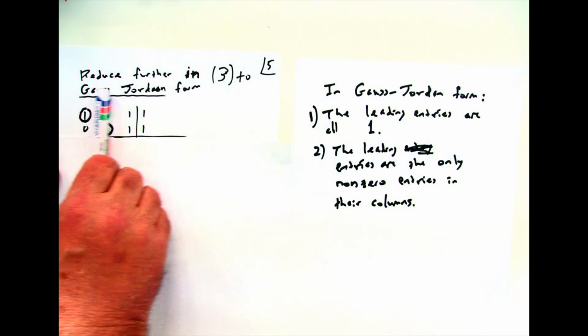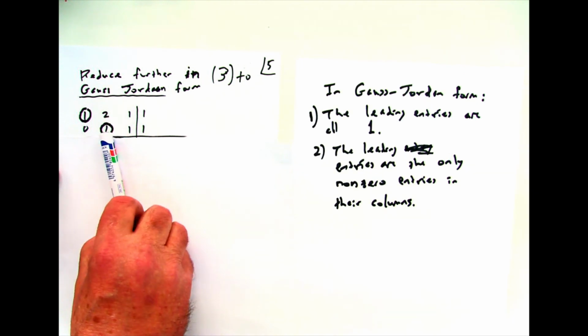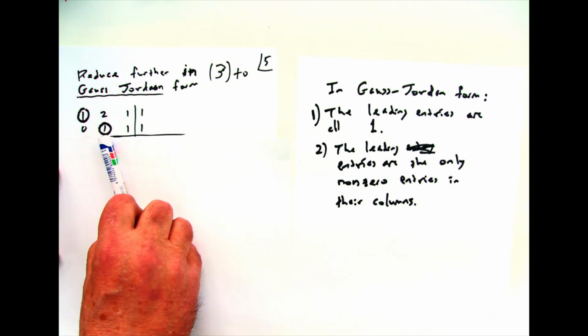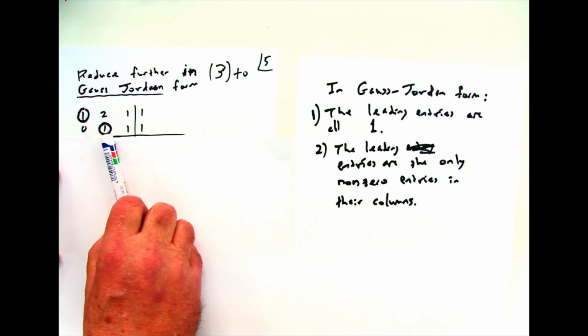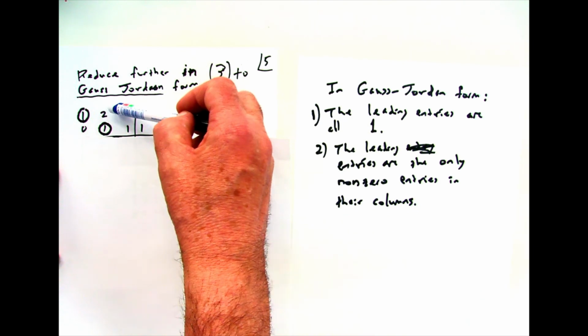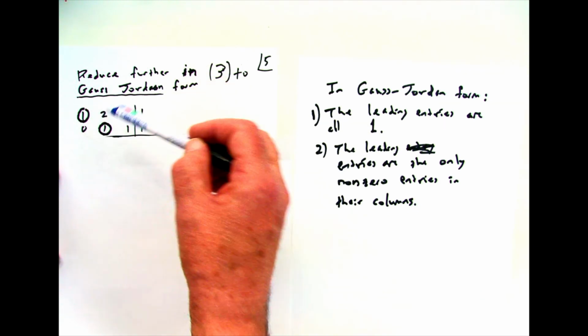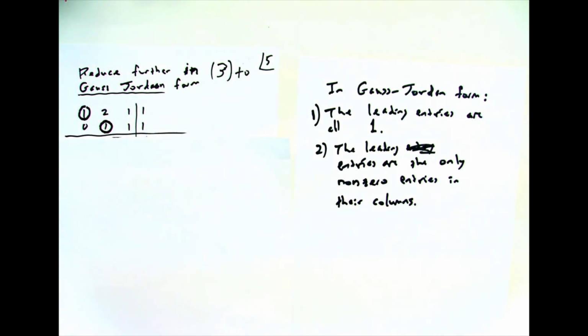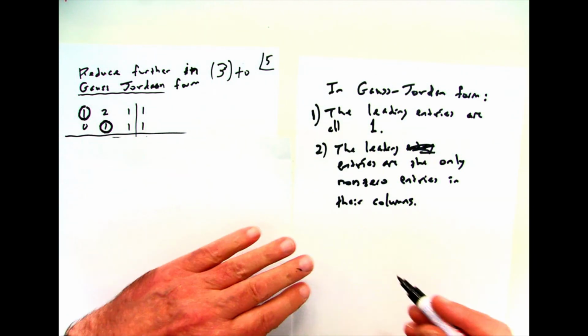But now look at this leading entry here. It is not the only non-zero entry in its column, because of this 2 here. So we want to make the 2 a 0. Another thing I should say is that when you do the Gauss-Jordan form, you should work from right to left.